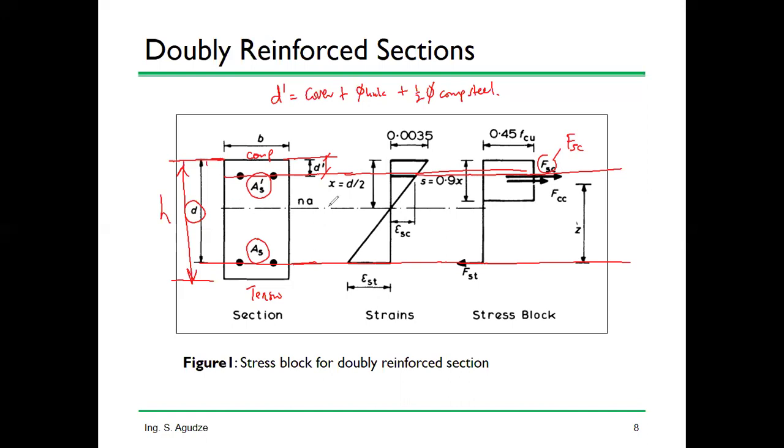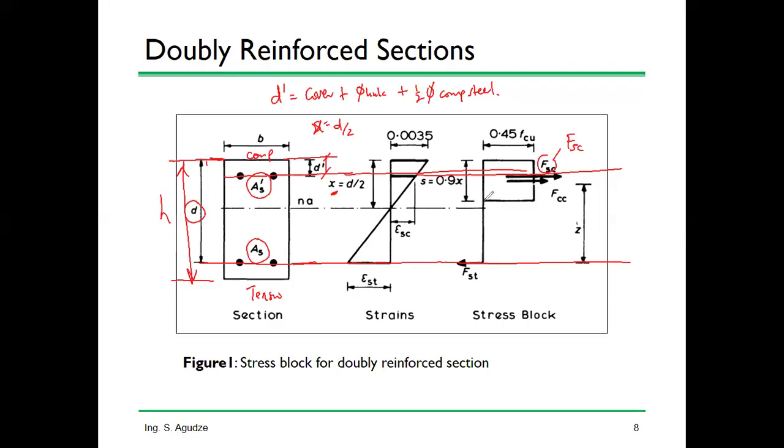Now, as you know, the depth from the compression face to the neutral axis is what? The X. Is that right? And the X is taken as half of the effective depth. So X is equal to D over 2.